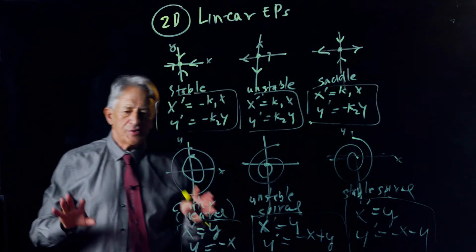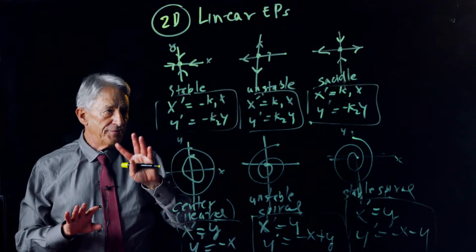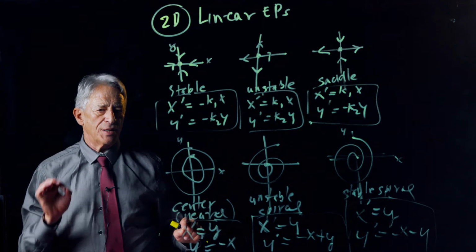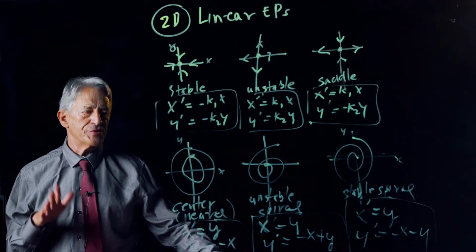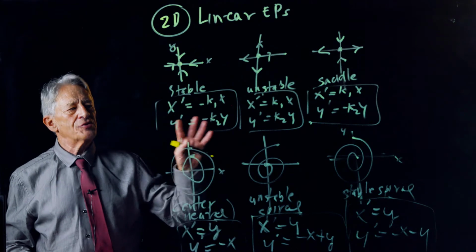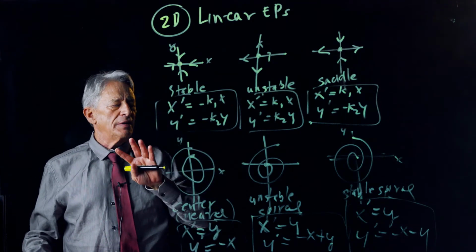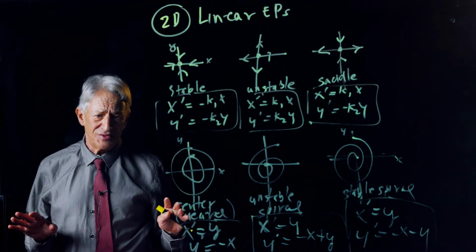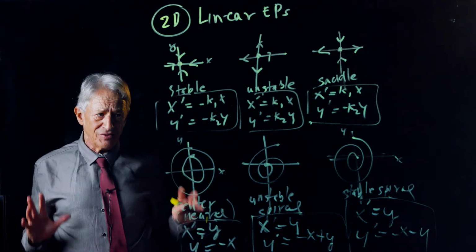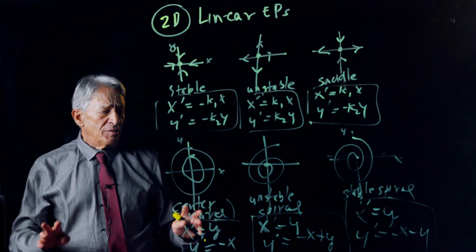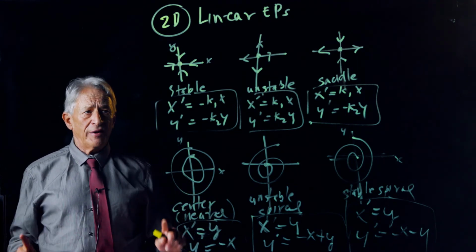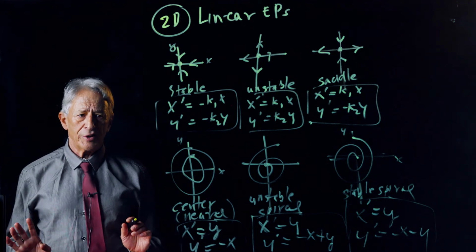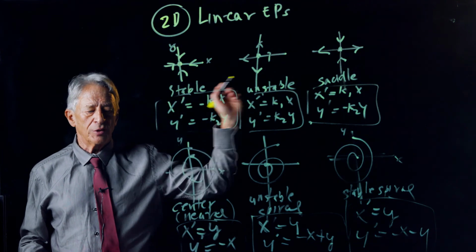So these are the 6 kinds of linear equilibrium points. But by the Hartman-Grobman theorem, by the principle of linearization, we also know that these are the 6 equilibrium points that can occur in any nonlinear differential equation, because what the Hartman-Grobman theorem tells us is basically all equilibrium points are linear equilibrium points.